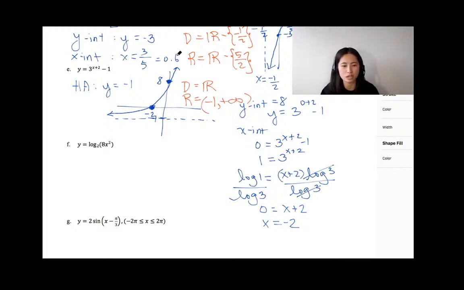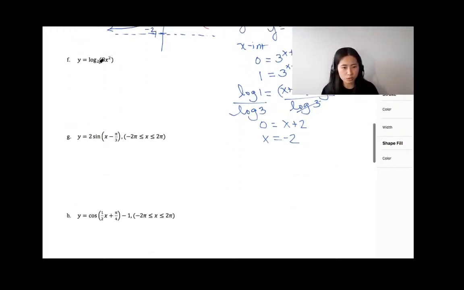So that's your range. Now, if we're looking at logarithms, you need to figure out what your domain is based on the 8x squared, which is your x value. So we're going to set up 8x squared greater than 0. How do I know that this needs to be greater than 0 and not greater than or equal to 0? Well, if you have log base 2 of 0, that means it's undefined. You cannot have your function at x equal to 0.